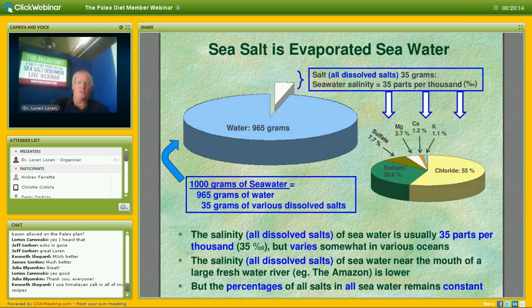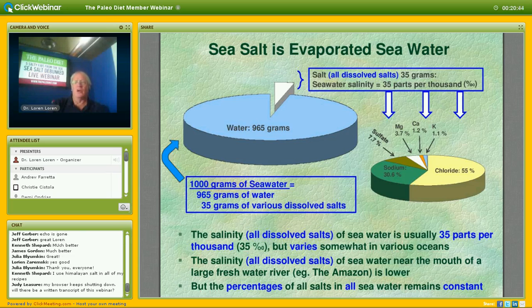If you take 1,000 grams of seawater, it turns out that there are roughly 35 grams of various dissolved salts in that seawater. You can see that in this little pie chart. For every 1,000 grams of water, the 35 grams of dissolved salts, we refer to as 35 parts per thousand. Then we can break down that little white triangle in my pie chart into the dissolved salts.